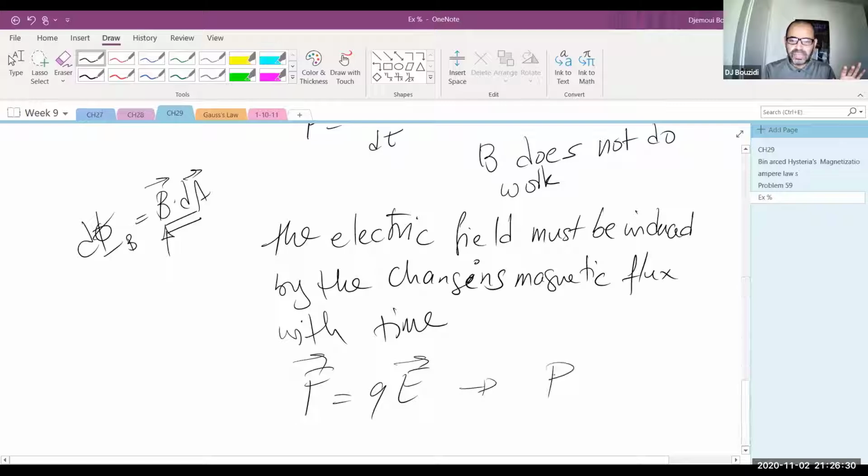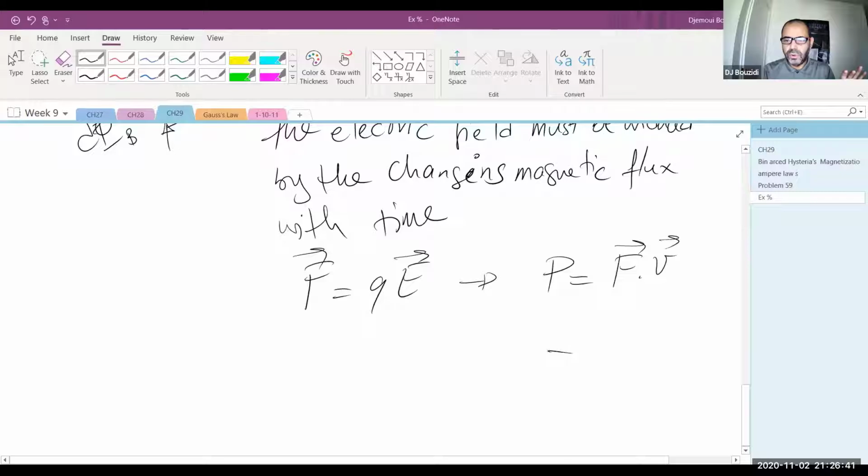So I can argue that there is power now, which is F times V. As long as E and V are not perpendicular, this number is not 0. So this is equal to Q times E dot V. This does not have to be 0. As a matter of fact, this must be the quantity that is giving me the light to go on.